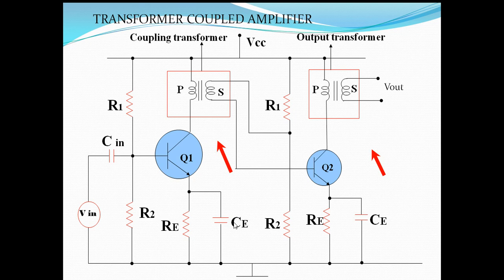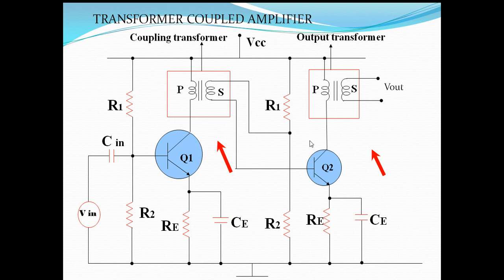The CE is the emitter bypass capacitor which is connected across RE. If any high frequency signal flows through the emitter, the resistance may not allow it. In that case, CE provides a low reactance path connected to the ground. Therefore, the output voltage is constant for each and every frequency.